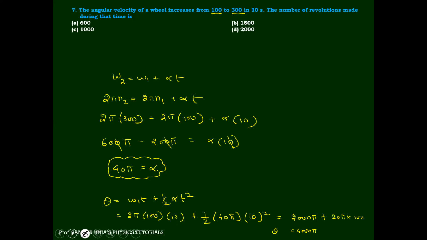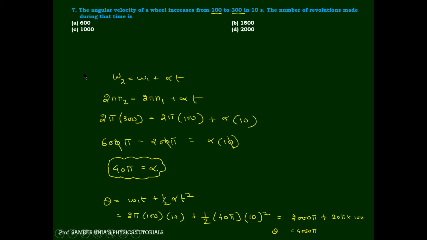This is part 1, this is part 2 and third. नंबर ऑफ रेवोल्यूशन का फॉर्मूला क्या बेटा? Theta by 2 pi, that is 4000 pi by 2 pi, 2000 will be the answer. Okay, yes or no?